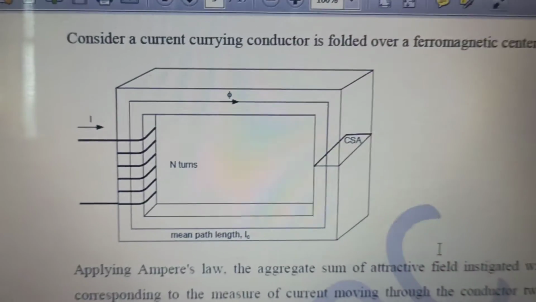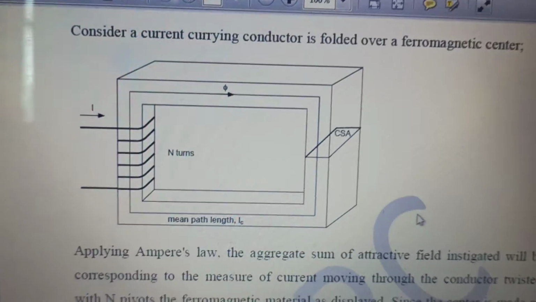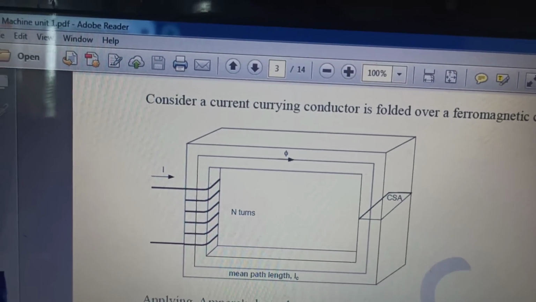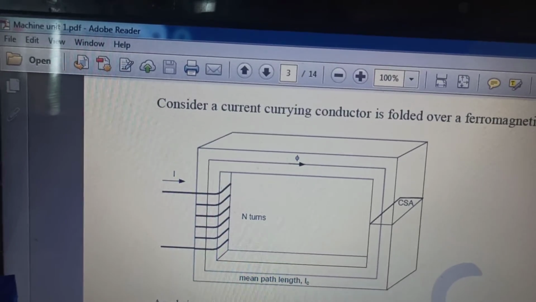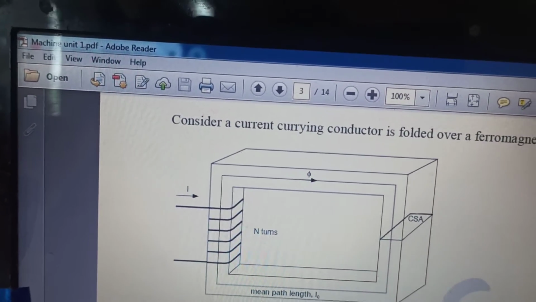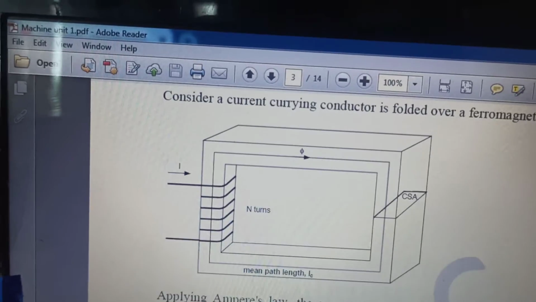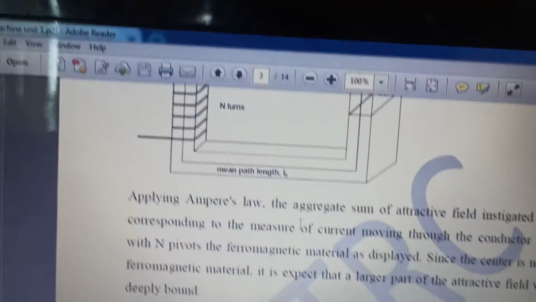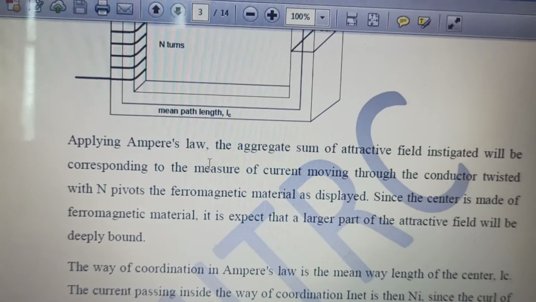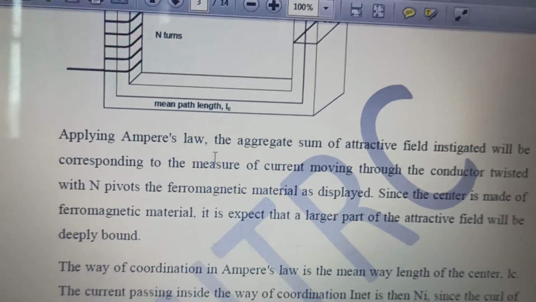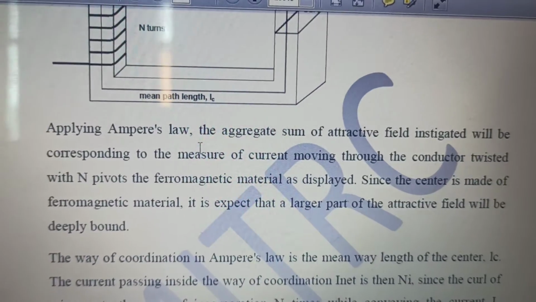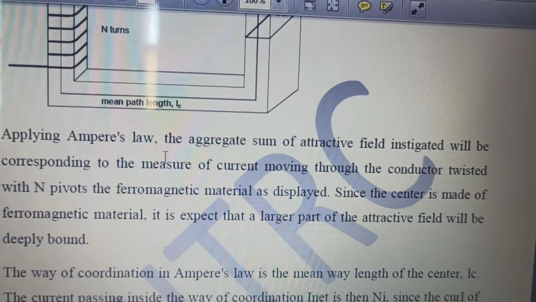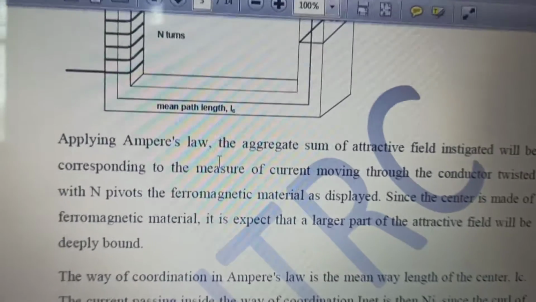Now if we look at this whole loop, as it's written, then definitely the closed integral of H dot dl will be equal to the I penetrating through the loop.